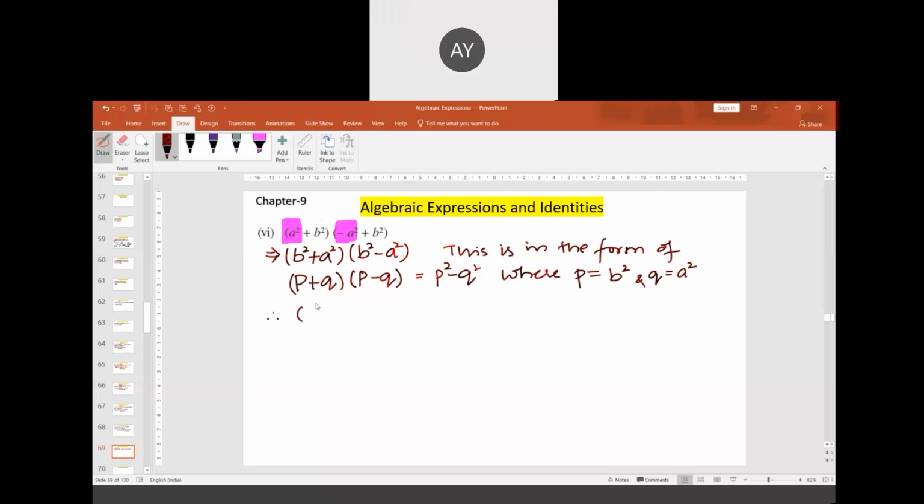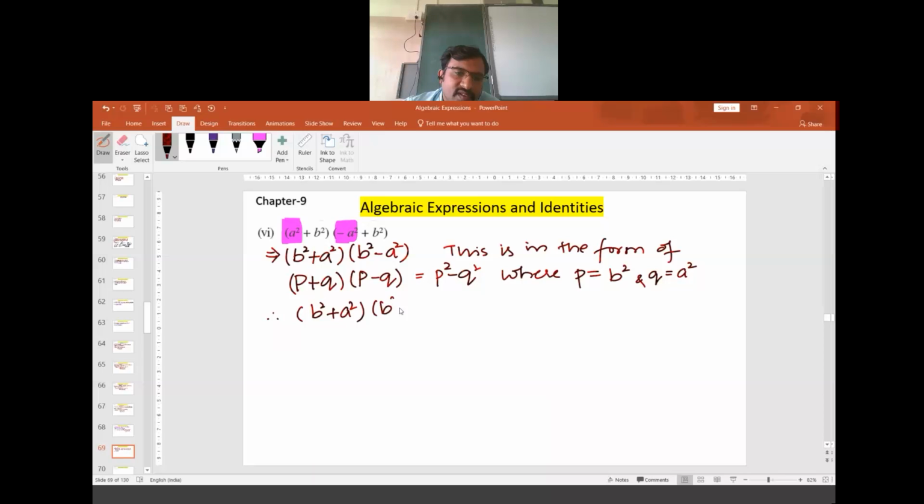Therefore, (b square plus a square) multiplied by (b square minus a square) will be equal to (b square) whole square minus (a square) whole square. So we get b raised to the power 4 minus a raised to the power 4. This is the answer.